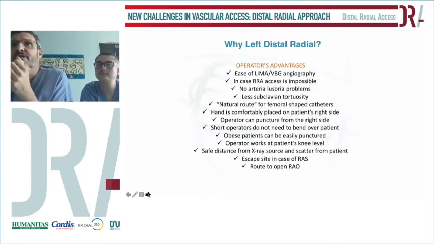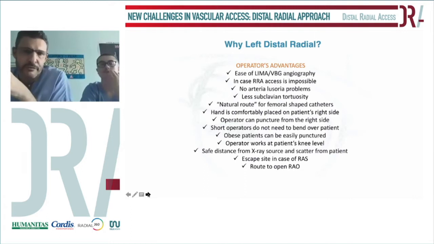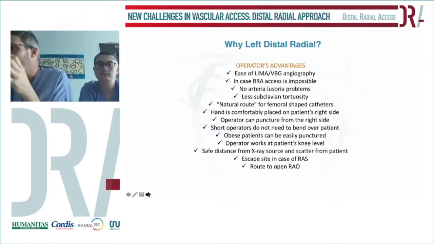If we use the left radial access, we have no problem related to the presence of the arteria lusoria, and less tortuosity, especially at the level of the subclavian artery. It's a natural route for the femoral-shaped catheters. The patient comfort is another important aspect, because it's more comfortable for the patient. The operators can puncture from the right side of the patient.